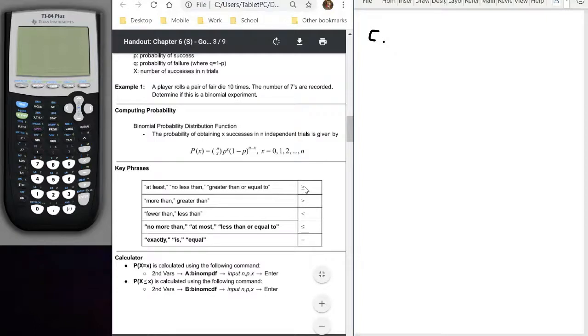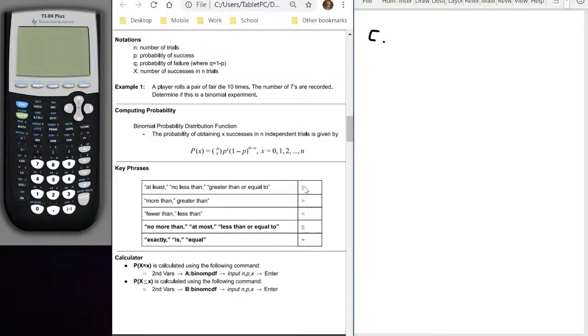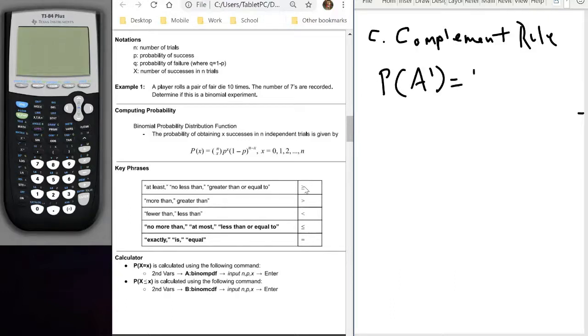It's reversed. So before we go into this example, recall from chapter 5, complement rule. Complement rule said when you take the opposite, we must do 1 minus. And what I want you to do is keep that in mind as we work throughout this problem.